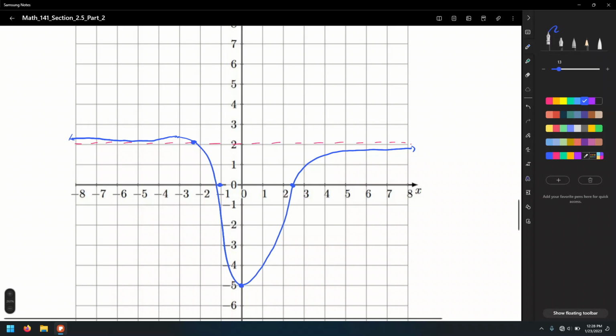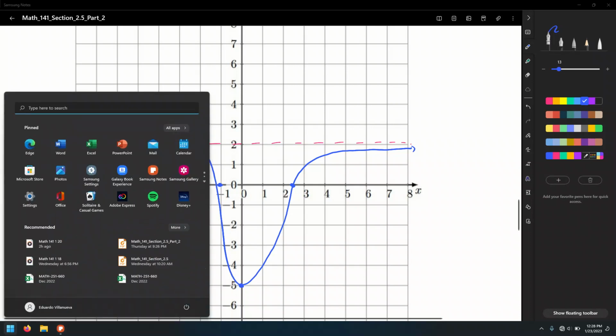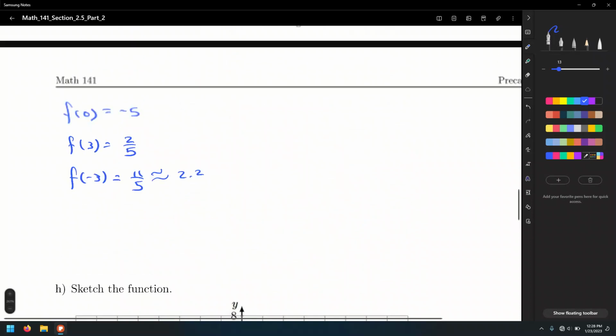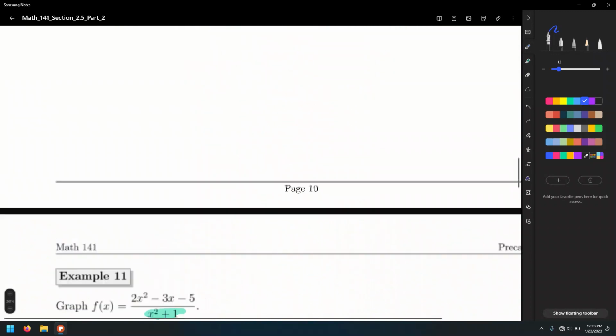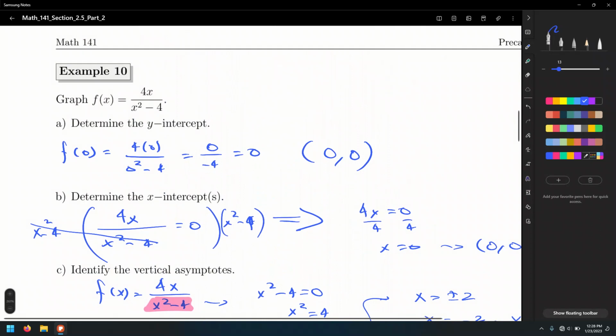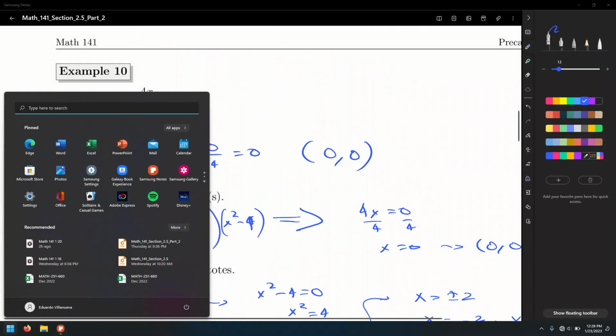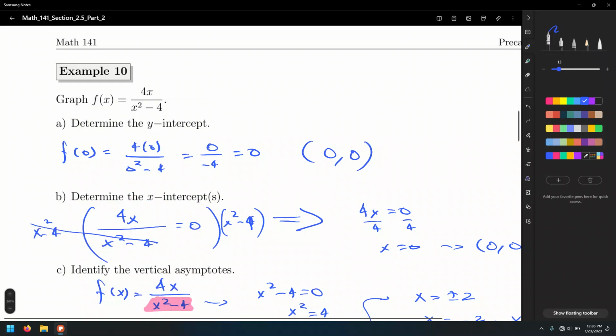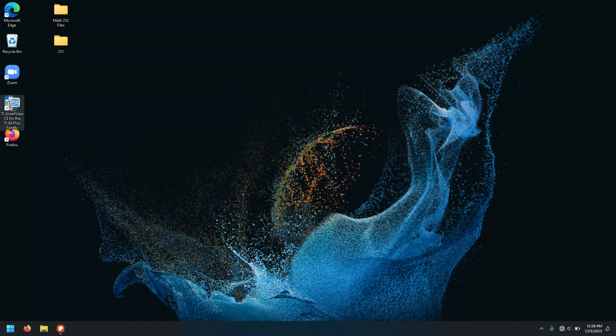Okay, so how about we look at this on the graphing calculator. I would like to look at the previous example as well. So what did we get? 4x over x squared minus 4. Here it is.